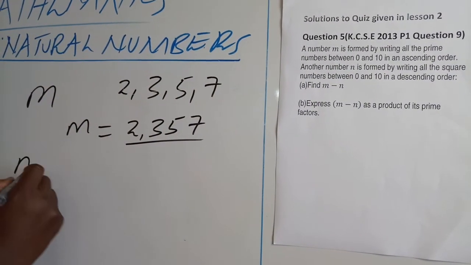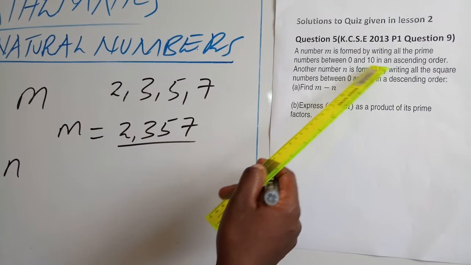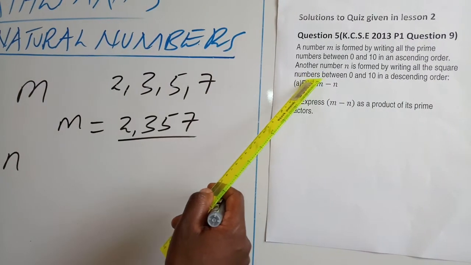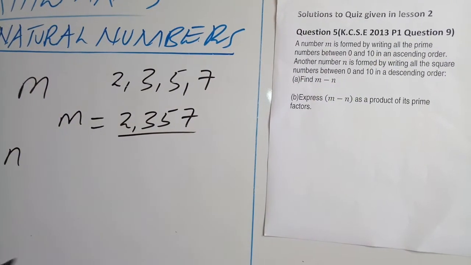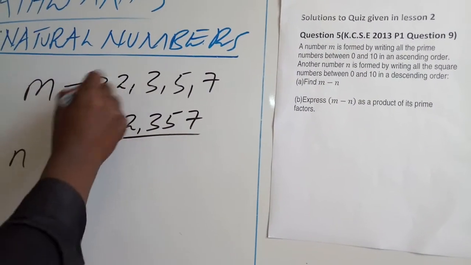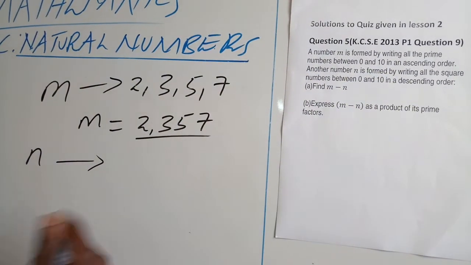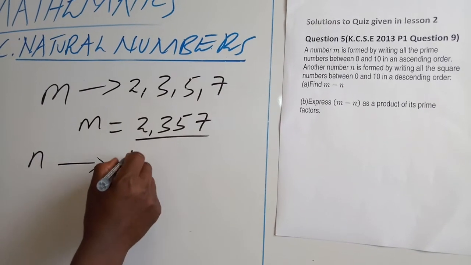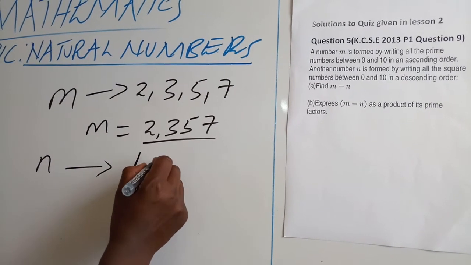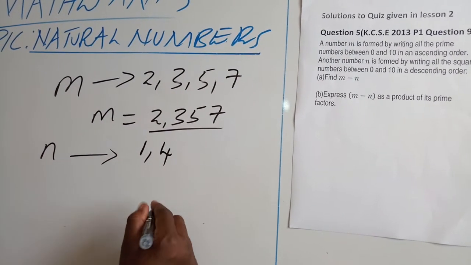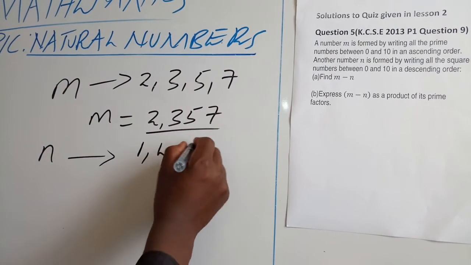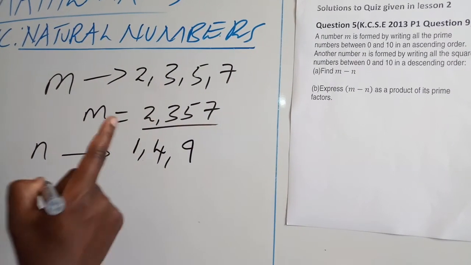We go to the second part, another number n. How is n described? It is a number formed by writing all square numbers between 0 and 10. First of all, identify all the square numbers between 0 and 10. The square numbers are 1, because 1 times 1 is 1. Next is 4. How do you get 4? 2 times 2. Lastly is 9. How do you get 9? 3 by 3.